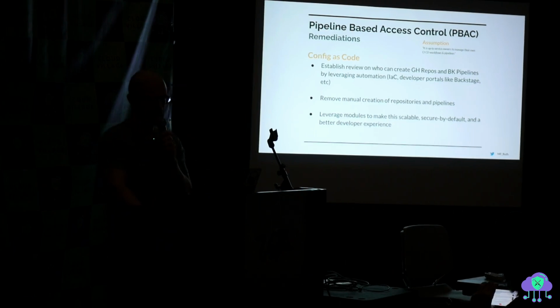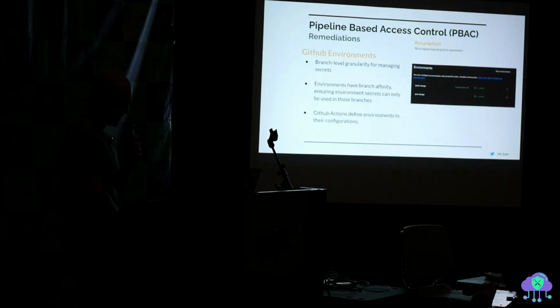Like multi-prover is important. And doing it this way allows you to leverage modules, secure by default patterns. That allows us to keep a good developer experience. So that's the first one. Easy to say, maybe somewhat harder to implement, cross-functionally across an entire engineering org, depending on your size.